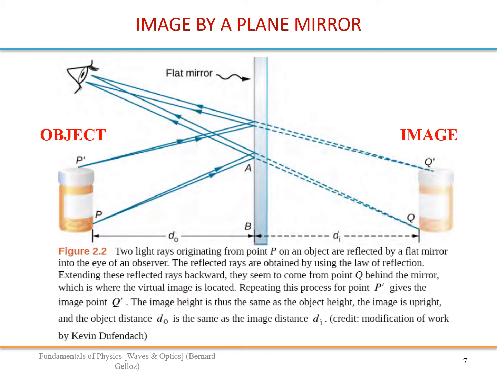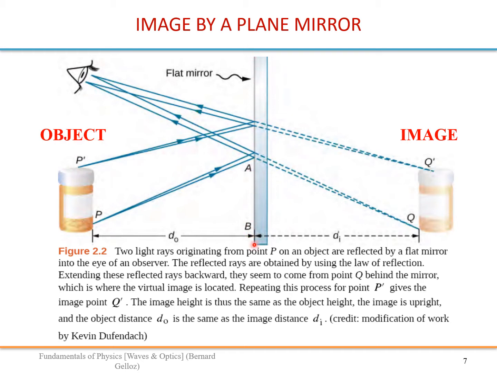So let's look here at a flat mirror to begin with. It is the most simple device in geometrical optics. So this is a mirror. Here you have an object. So basically, how can you make a mirror?